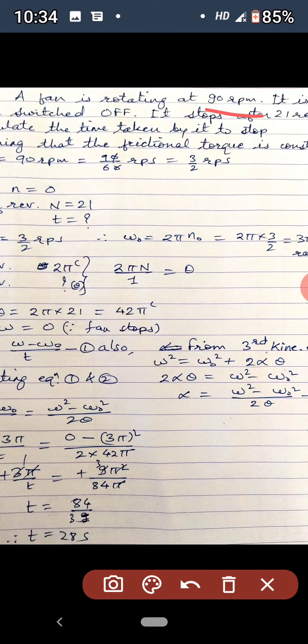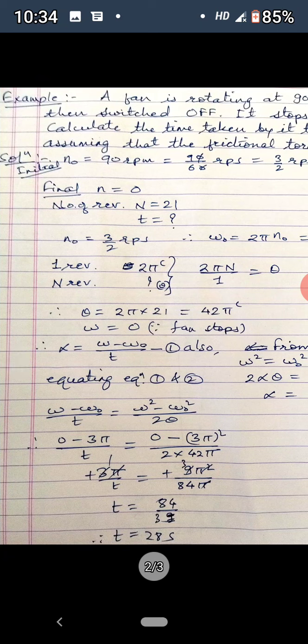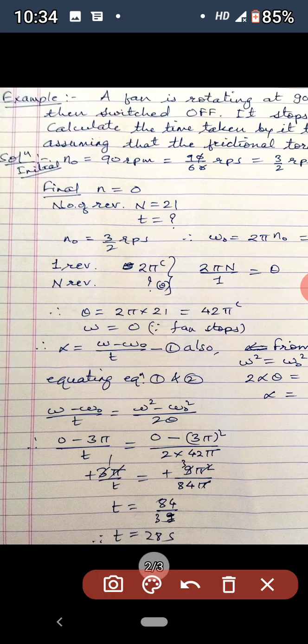It means that the frequency of rotation is 90 rpm. rpm means rotations per minute. We have to convert this rpm into rps, that is rotations per second, by dividing by 60. So 90 upon 60 is the value of rps, and it becomes 3 by 2 rps, means 3 by 2 hertz.